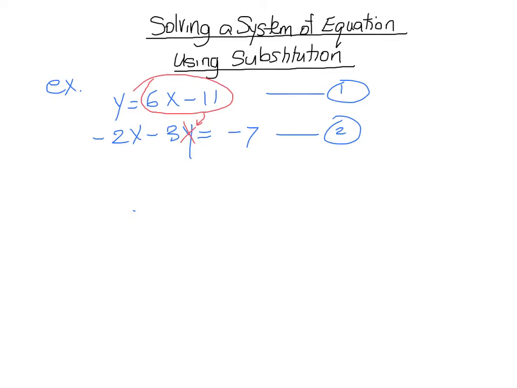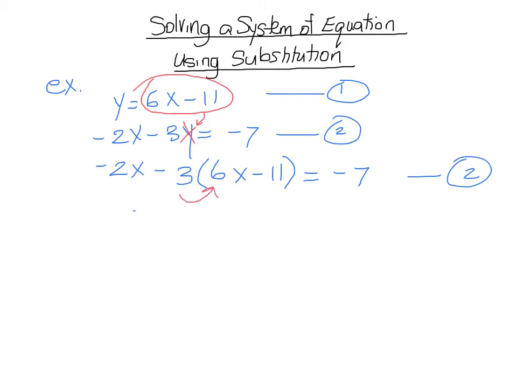My equation 2 now becomes negative 2x minus 3 times y, but remember, we're no longer calling it y, we're subbing in 6x minus 11, so that's our new y, equals negative 7. This is still equation 2, but we've taken out that y and we've put 6x minus 11 in its place.